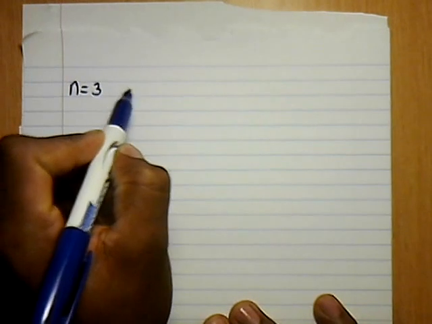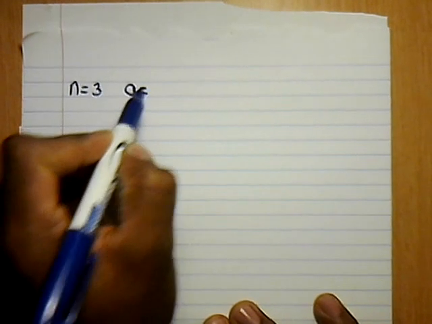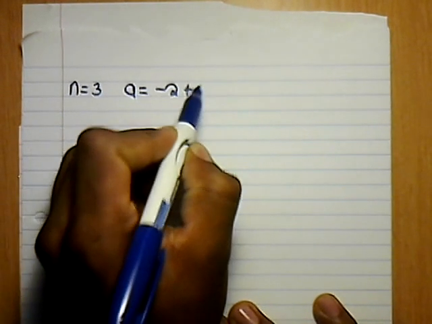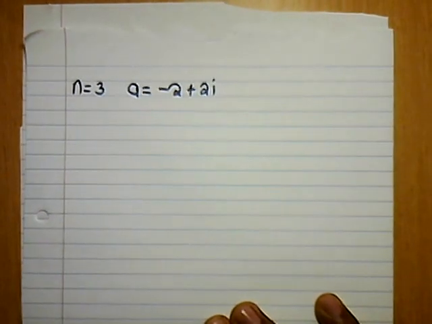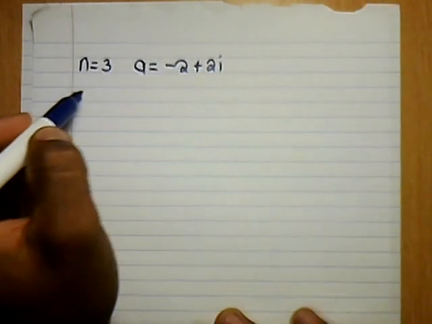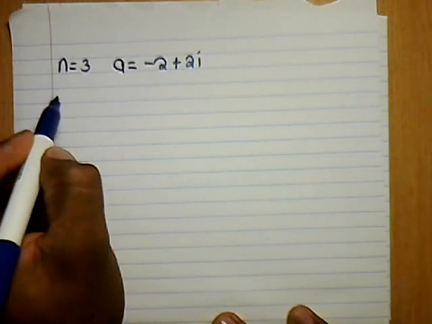So that question goes on to say, so our n there is equals to 3, and our complex number a is given by minus 2 plus 2i. Okay, so let's find the modulus of a.